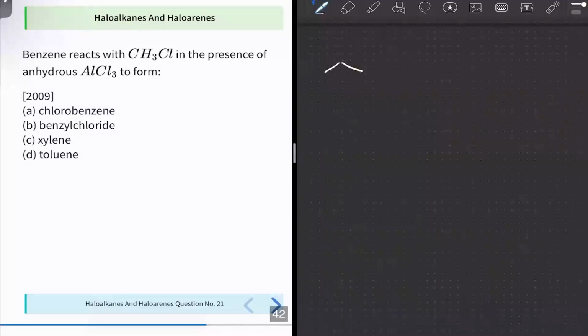This is the benzene, and it will be attacked by an electrophile, or the benzene double bond will attack the electrophile. Let's suppose this double bond attacks the electrophile.